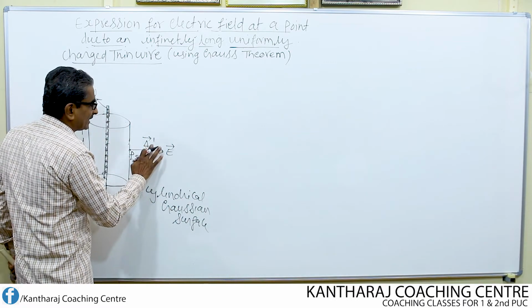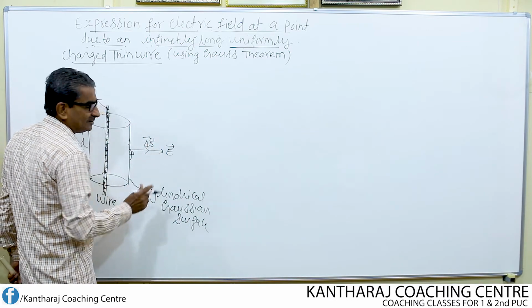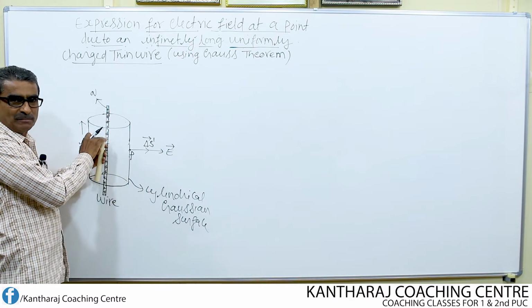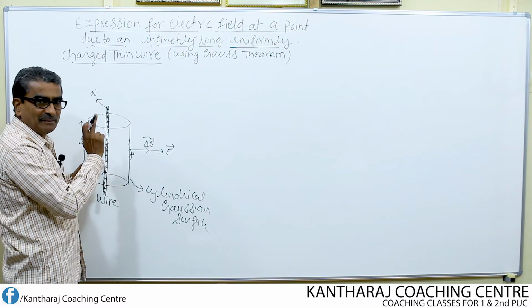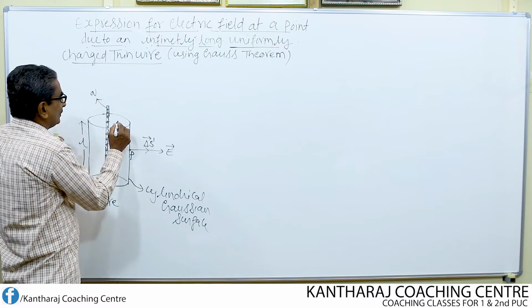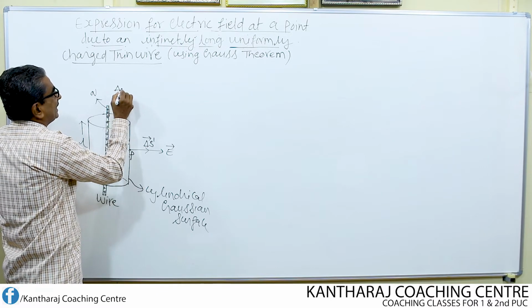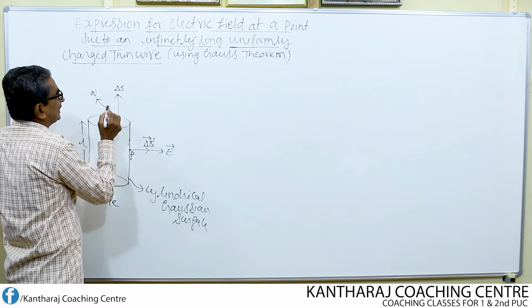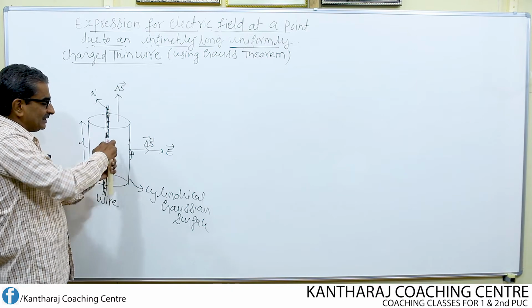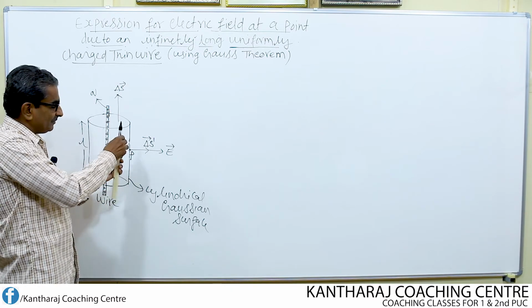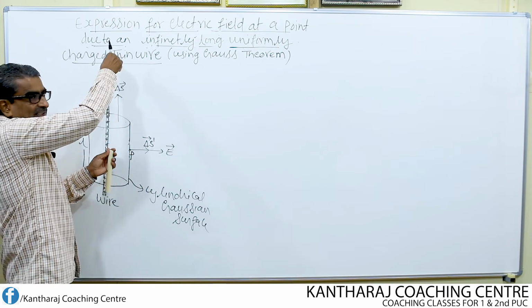Then at the top circular plane face, let us draw one more area vector. So delta S I consider as area vector. That means to the top plane circular face, the area vector is directed like this.